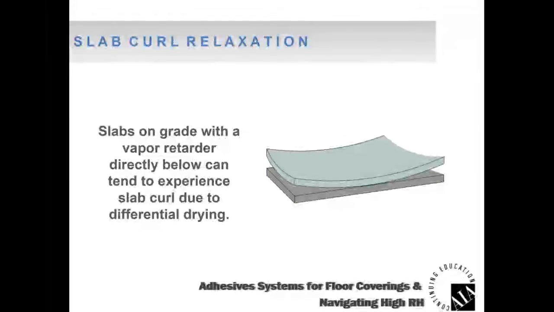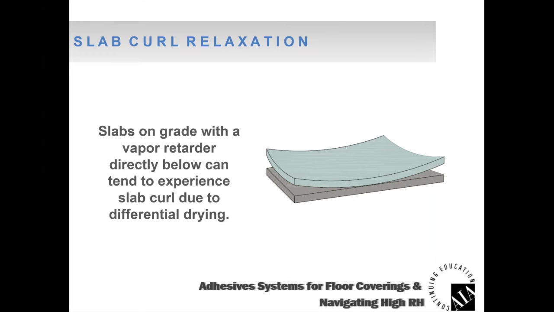We're going to move over to slab curl relaxation. When I began the presentation, I mentioned that we're going to talk about slab curl relaxation. This is a process that occurs not terribly often, but can occur, and it's a function of excessive moisture. Let me back up.